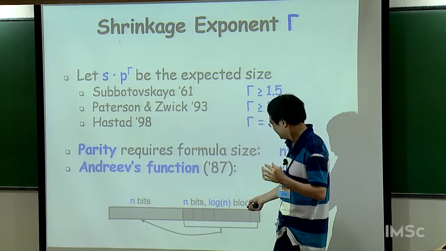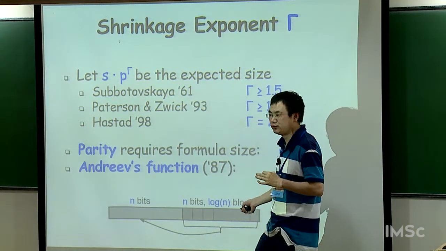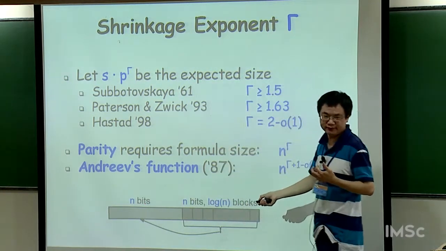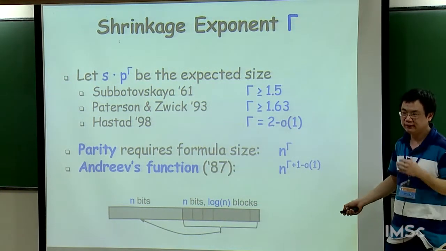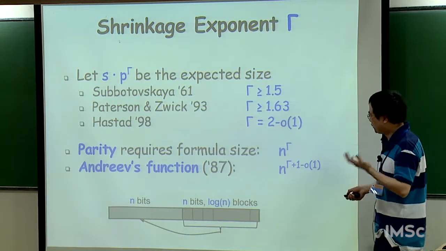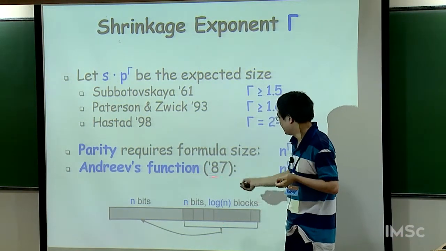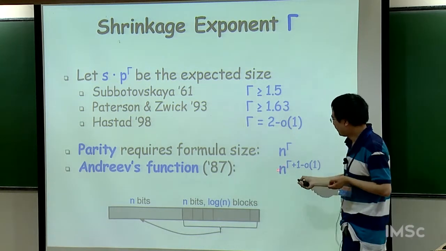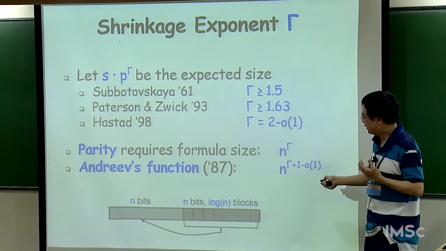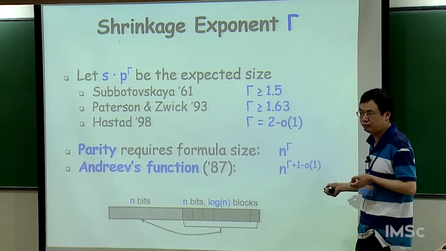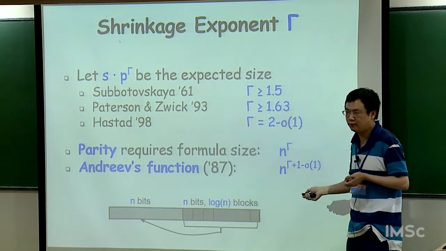Then I use those log n bits as an address to locate one position in the first part and output that bit. Using the shrinkage property, it can be shown that this function requires almost cubic size De Morgan formulas. And this is the best known formula size lower bound we have for now.